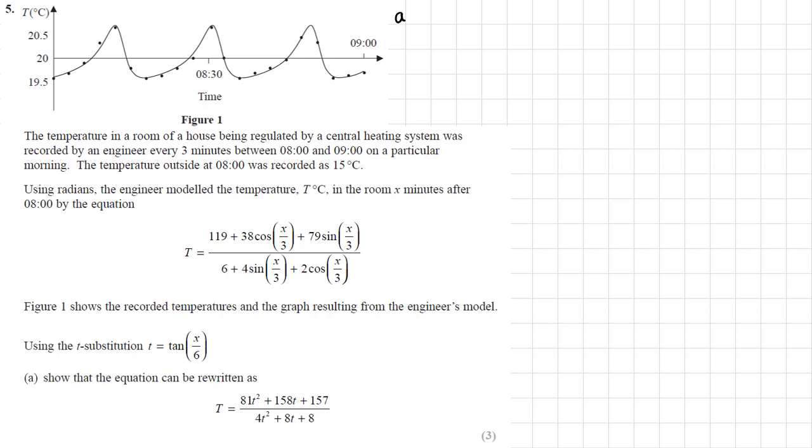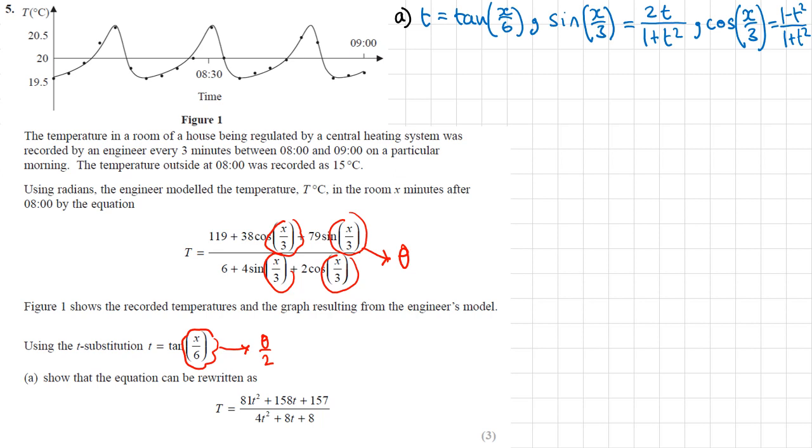Okay, so I'll notice that I can think of this angle here like theta over 2, which means that all of these angles here can be thought of as theta. So that means with t equal to tan X over 6, sine X over 3 is equal to 2t over 1 plus t squared, and cos X over 3 is 1 minus t squared over 1 plus t squared.